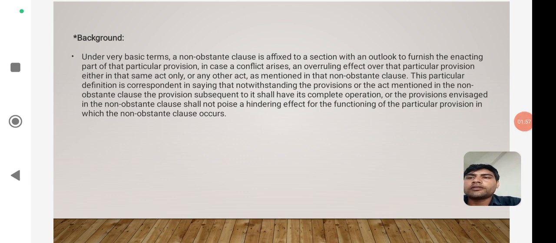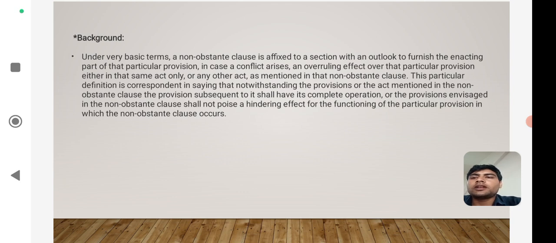Background. In very basic terms, a non-obstante clause is affixed to a section with a view to furnish an enacted part with that particular provision, in case conflict arises or an overruling effect over the particular provision, either in that same act or any other act mentioned in that non-obstante clause.